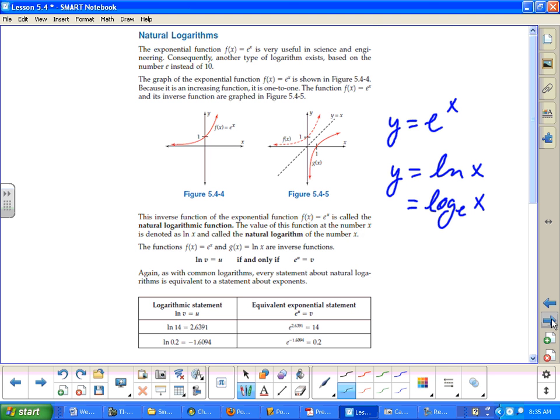Natural logarithms. We were talking about the base e, the natural base e. Well, natural logarithms are inverses of the natural base e. Just like the common logarithm is the inverse of 10 raised to the power of x, natural logarithms are the inverses of e raised to the power of x.